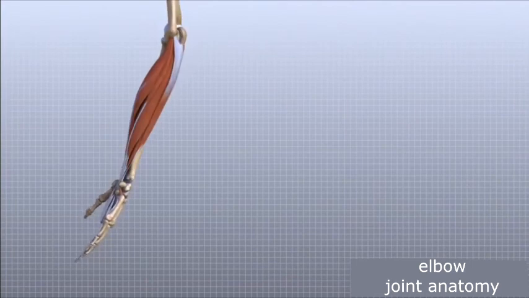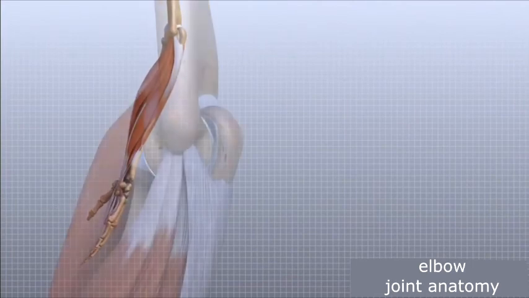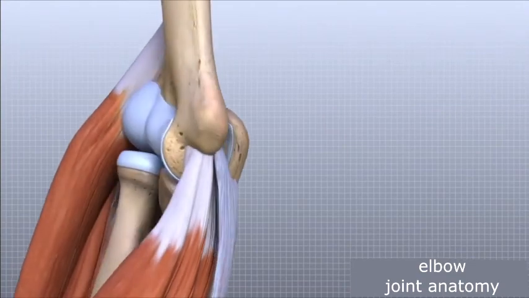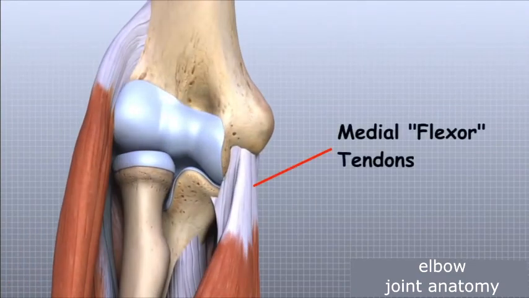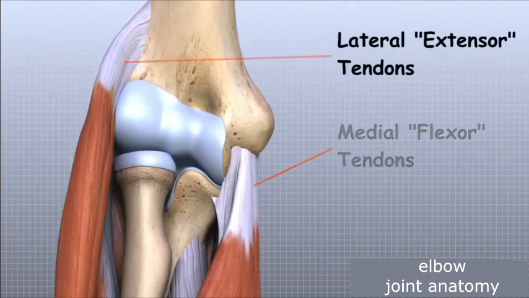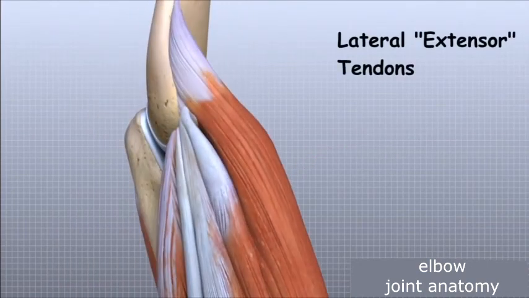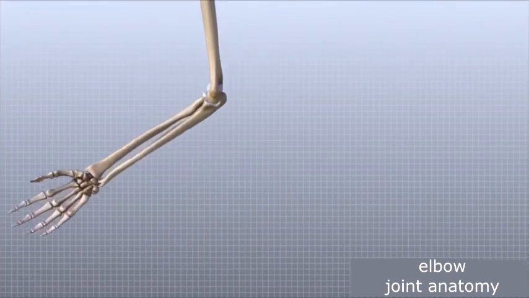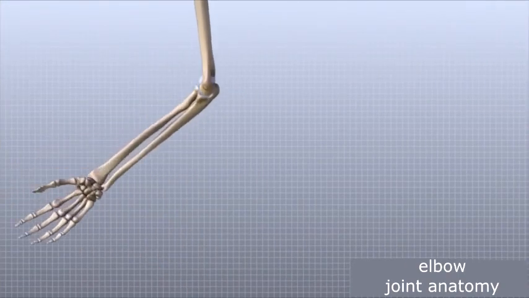Muscles of the forearm that bend the wrist and the fingers start from this point. The lateral and the medial epicondyles are important anatomical locations because these are the common locations for tendinitis, that is tendon pain.